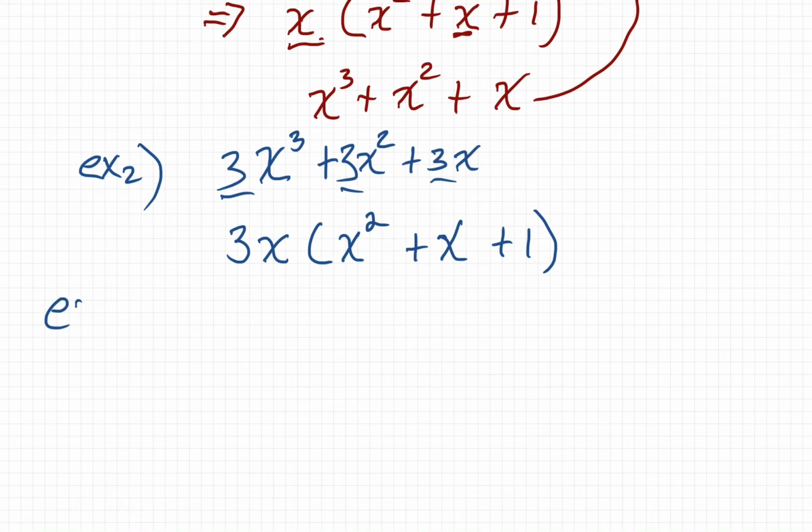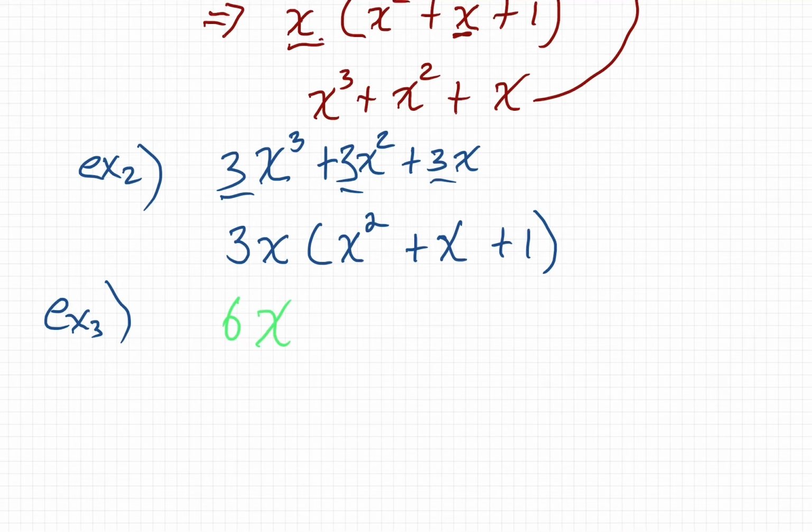So we can have 6x cubed plus 3x squared plus 9x.